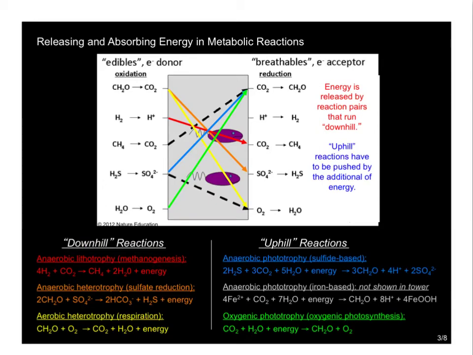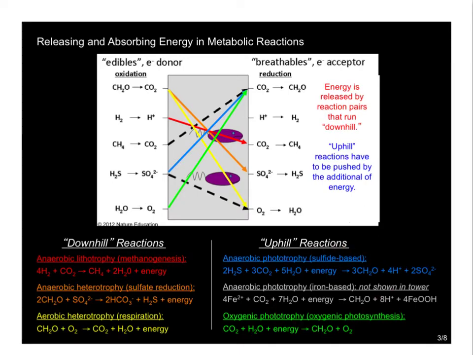But from a chemical standpoint, it's possible for a reduction reaction to require more energy than is released by an oxidation reaction. Such a pair can only run if energy is actually added to the system. Essentially, these are the equivalent of uphill reactions. For example, this blue reaction or this green reaction. Those two arrows are actually summarized down here on the lower right-hand side of the slide.